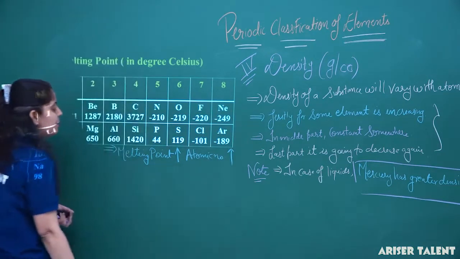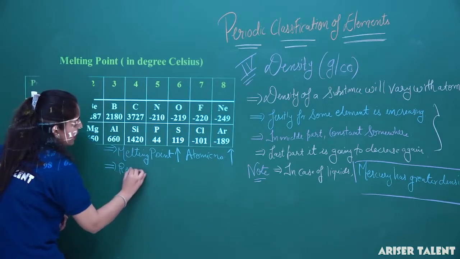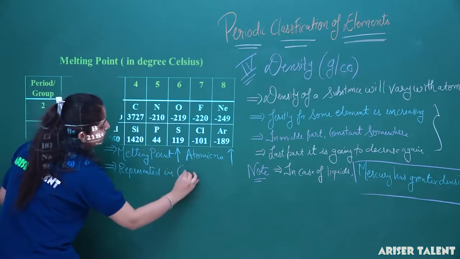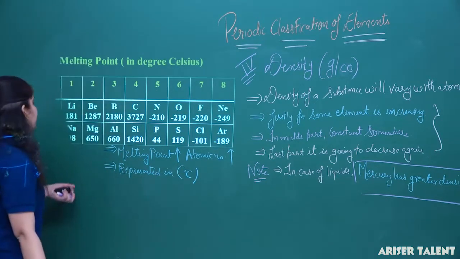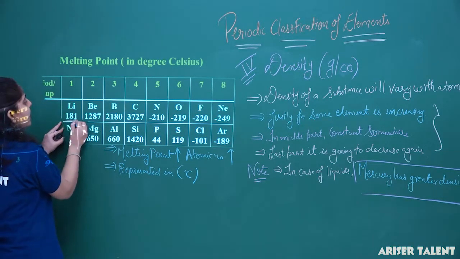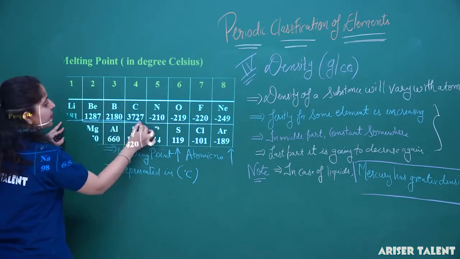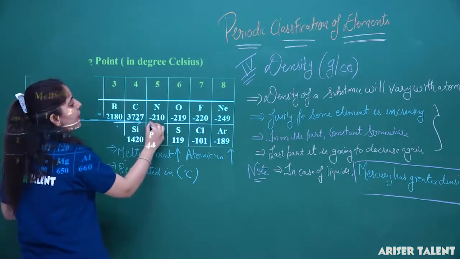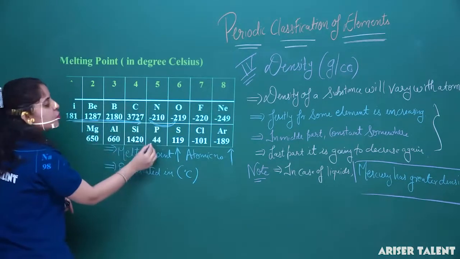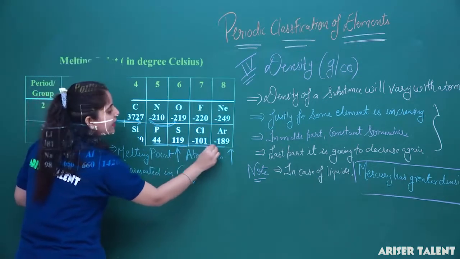It is usually represented in degrees Celsius. Now what we have observed in this table, the melting point is firstly increasing, then after it will become constant here. Then again it will show a gradual decrease. See here, it is again decreasing.